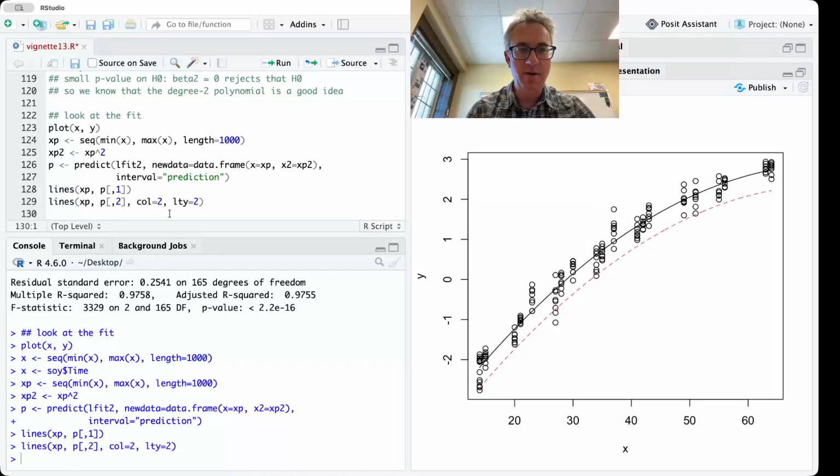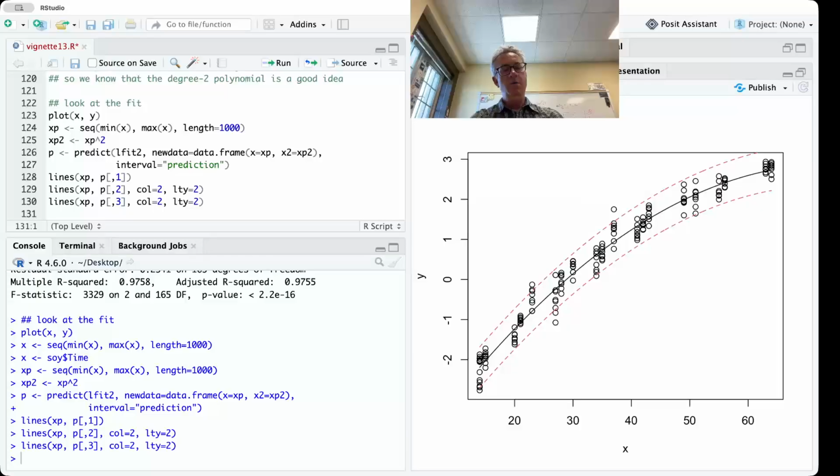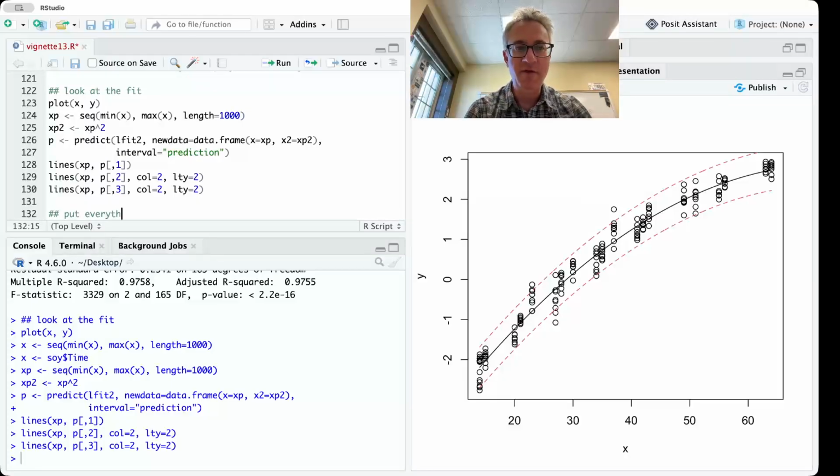There's the lower one and the upper one. Okay, so really good fit now to the logarithm of the response. So now we can put everything back on the original data scale.